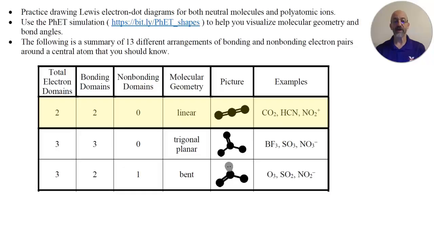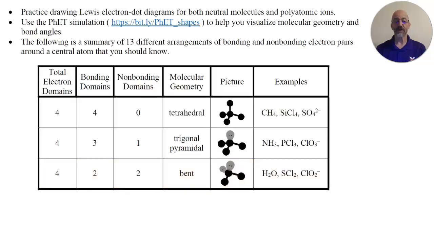Now with 3 electron domains, you could have 3 bonding domains and 0 non-bonding domains around the central atom. So the molecular geometry is trigonal planar, and there are a few examples of trigonal planar geometry. You could have 2 bonding domains and 1 non-bonding domain, such as we saw in ozone. That would be bent.